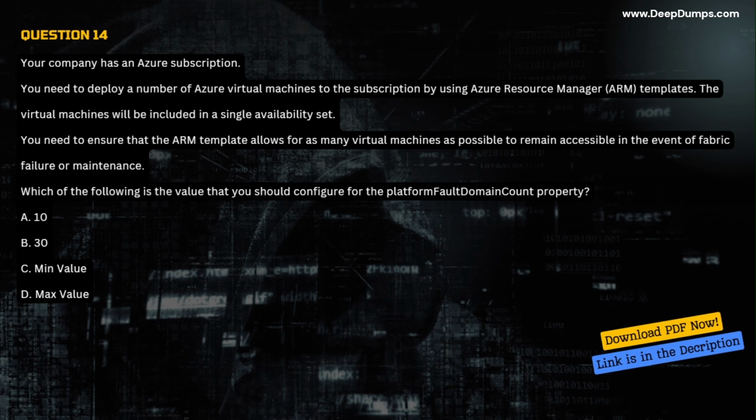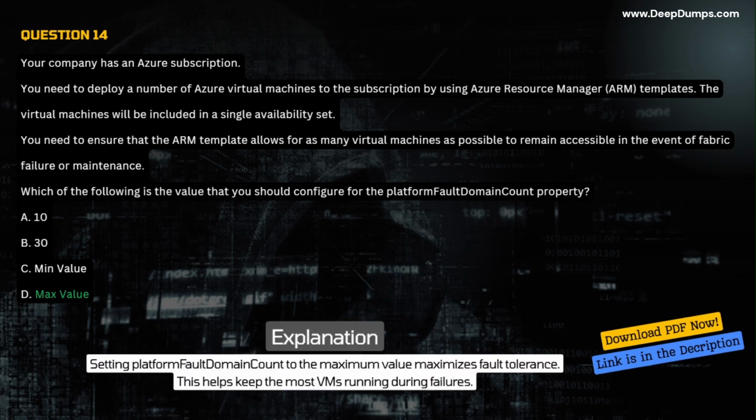Which of the following is the value that you should configure for the platform fault domain count property? A. 10. B. 30. C. Min value. D. Max value. Correct answer D. Max value. Explanation: setting platform fault domain count to the maximum value maximizes fault tolerance. This helps keep the most VMs running during failures.